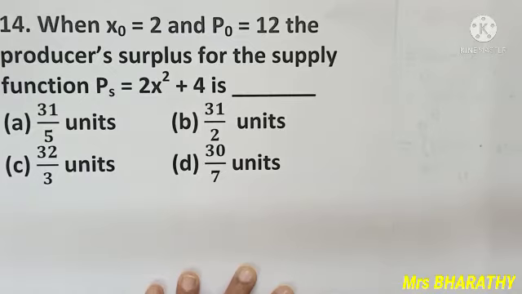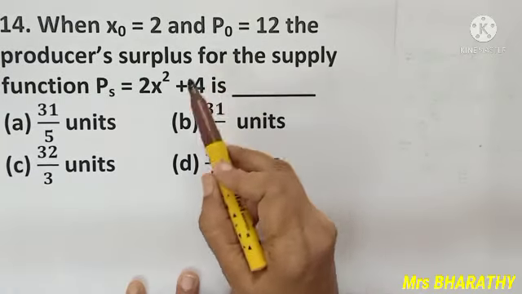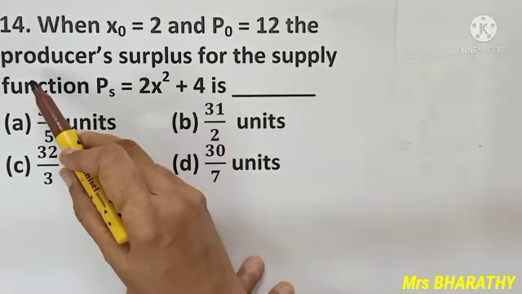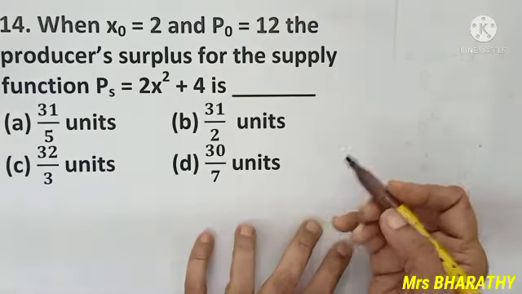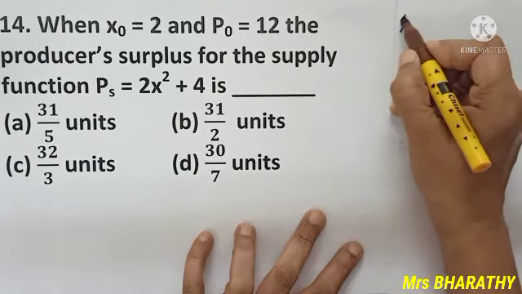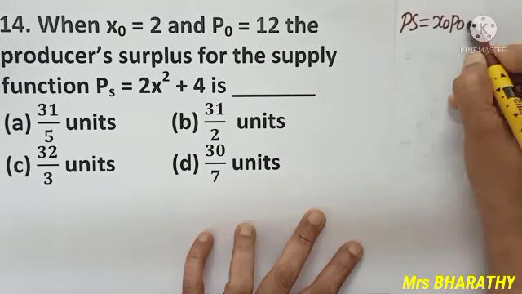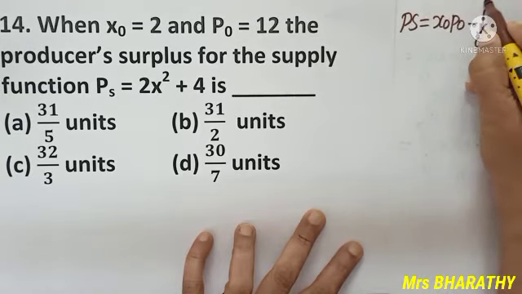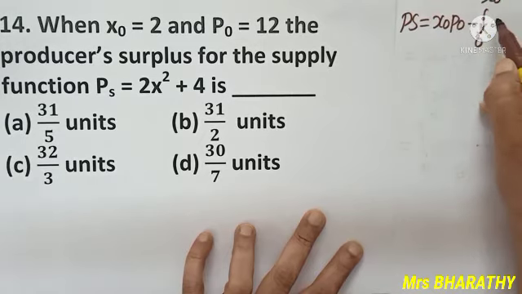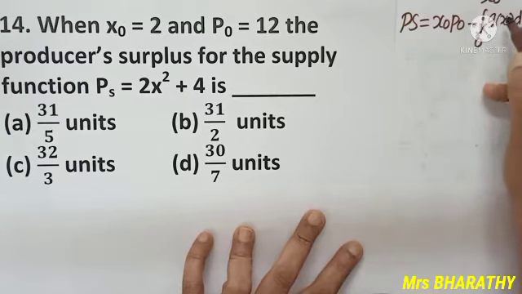Question number 14. When x naught and p naught are given, we need to find the producer's surplus. Recall the formula. Producer surplus equals x naught p naught minus integral 0 to x naught g of x dx. That is the supply function.